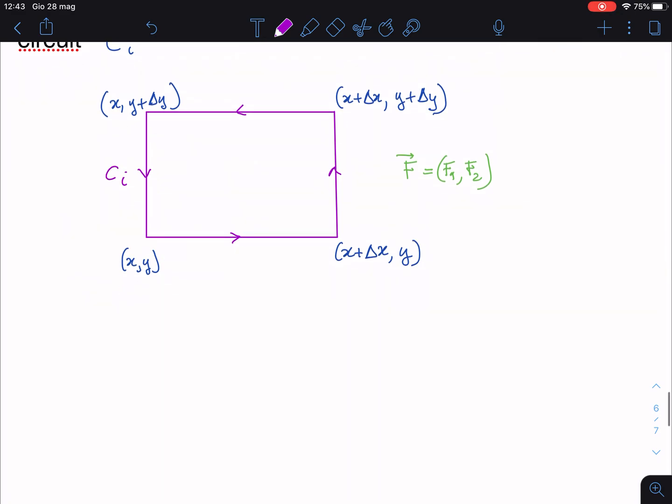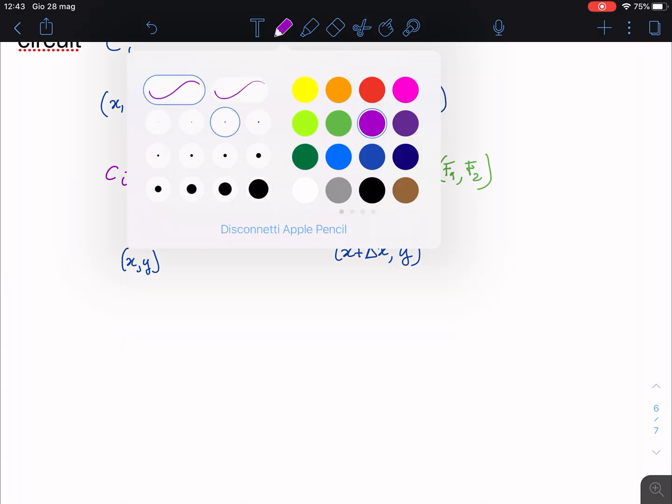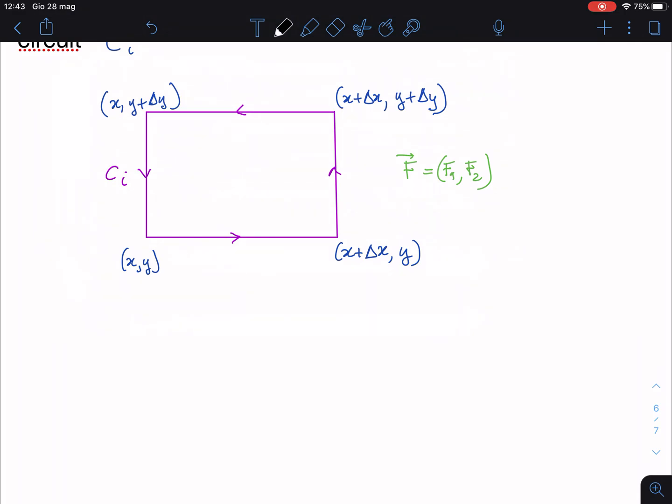So you want to parameterize this circuit, and this is made of 4 sides, and of course you can parameterize the 4 sides in different ways. So here you can take (t, y), with t in [x, x plus delta x]. Okay, this is r on the side.